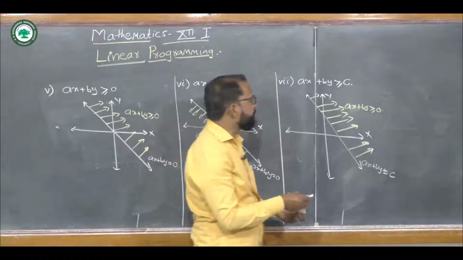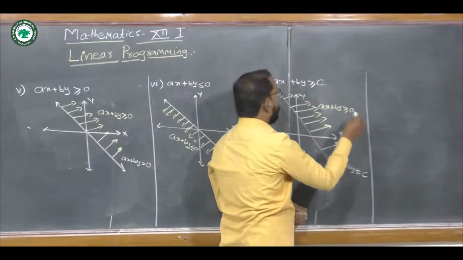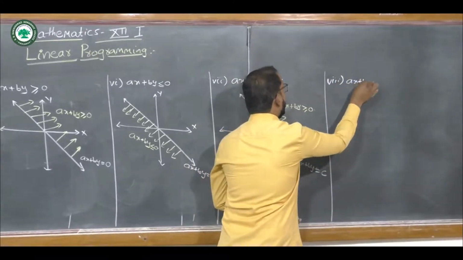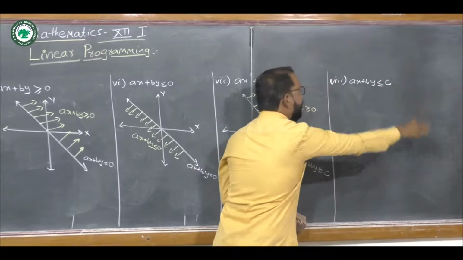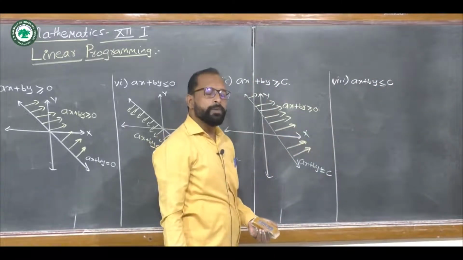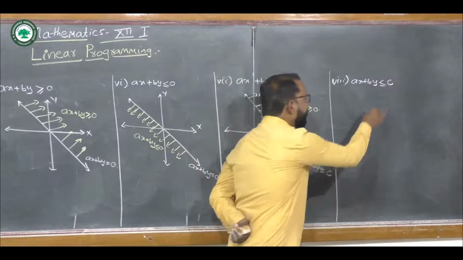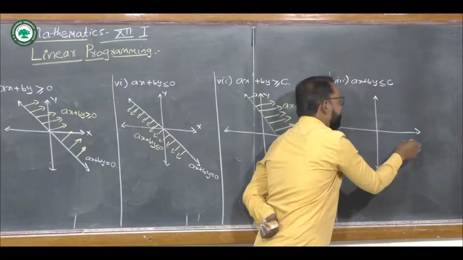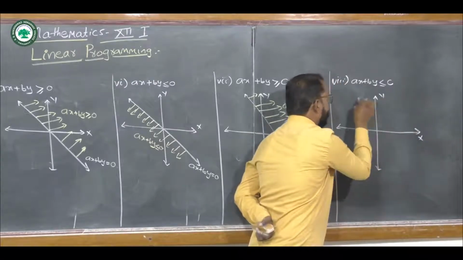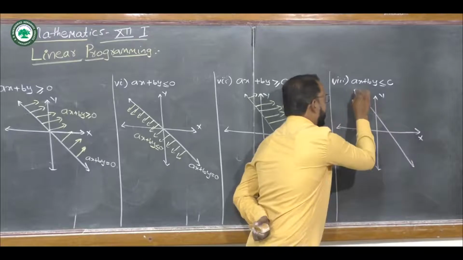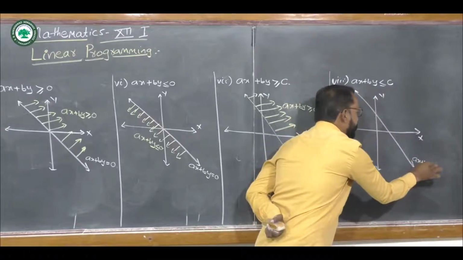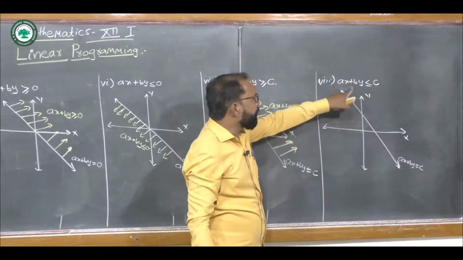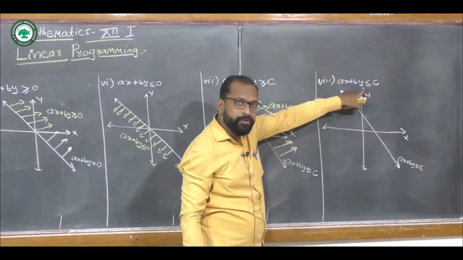Now the last type, that is for the inequation ax plus by less than or equal to c. Again, if we draw this line ax plus by equals c, now we have to show the region for ax plus by less than or equal to c.